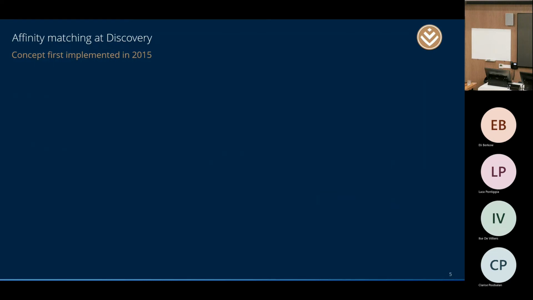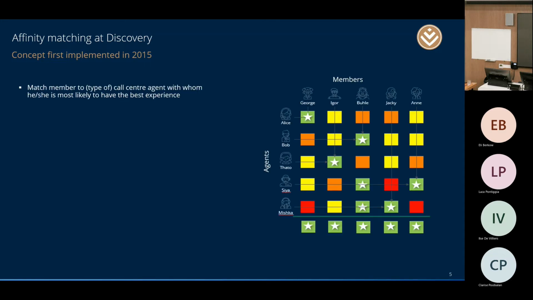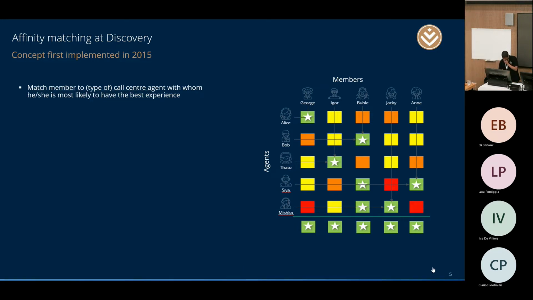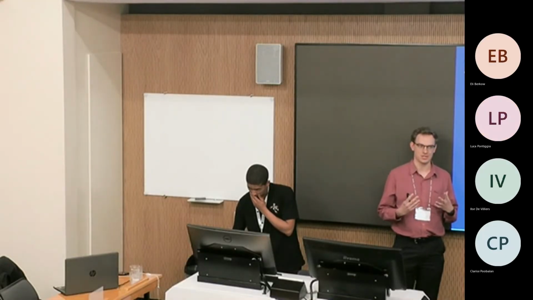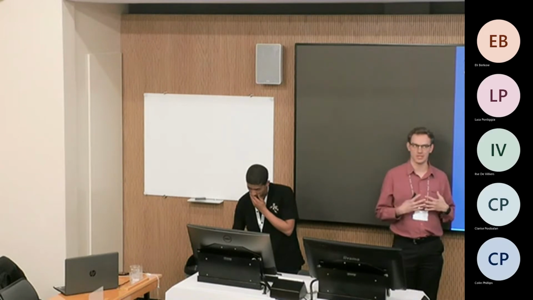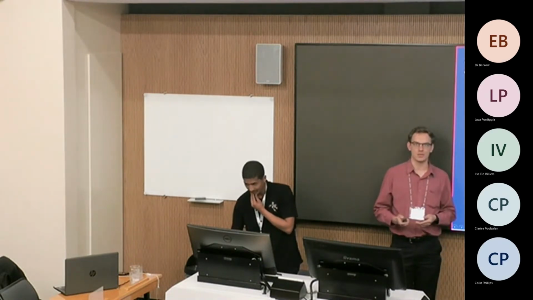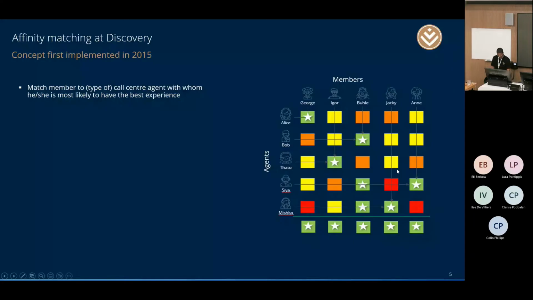This concept of affinity matching, we introduced first in the business in 2015, and quite simply how we define it is that when a member phones in, we want to match them to a certain call center agent with whom he or she is most likely to have the best experience. We apply this concept of affinity matching across various domains.